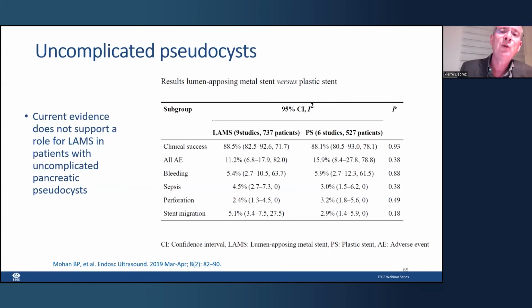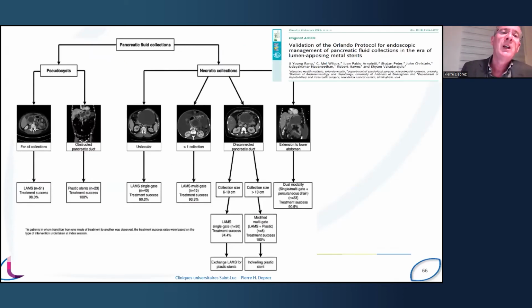And even the groups that advised plastic stents for a long time, even these groups, I was surprised to see, like the Orlando group from Shyam Varadarajulu, that has also always been advising plastic stents for uncomplicated cysts. Well, you see that for pseudocysts, if you look at the right part of this panel, they're placing LAMS for all collections now, with a very good success.